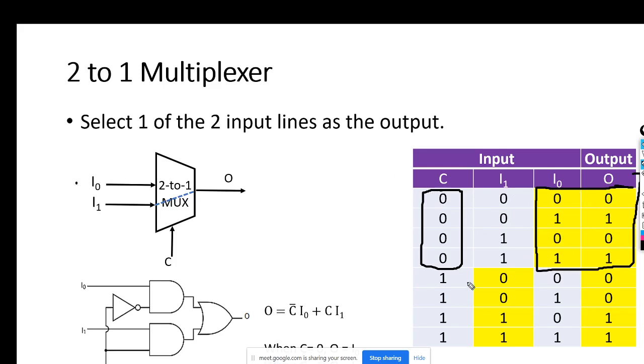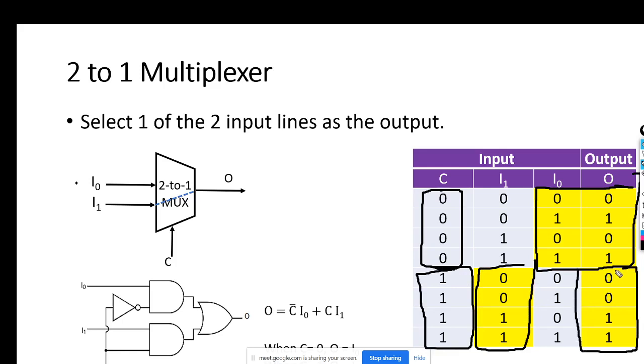When the control signal is 1, your output signal is the same as your I1 signal. That is exactly what we need. That means if you have something like 0 0 1 0 and 1 0 1 1, when the control signal is 0, your output is going to have the I0 value, that means 0 0 1 0, etc.